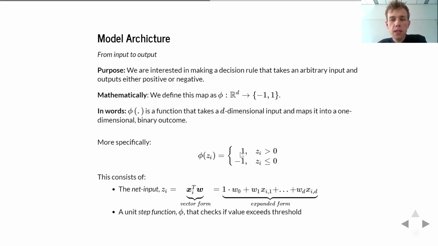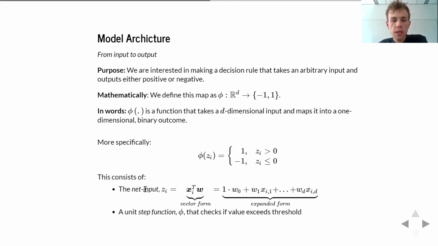More specifically, this decision function looks like this. It takes a value of 1 if this z, which is the aggregate input, the net input, we will call it, is strictly positive, while the decision function will give us a negative value if this net input is weakly negative.